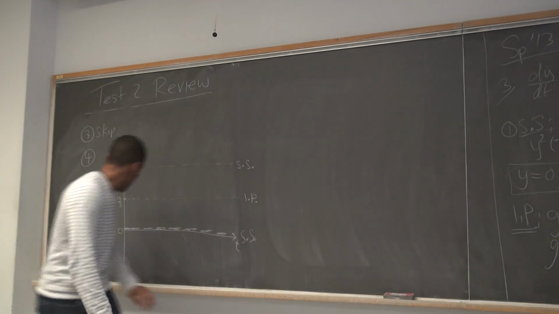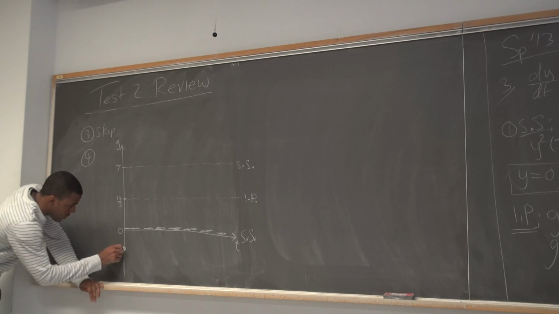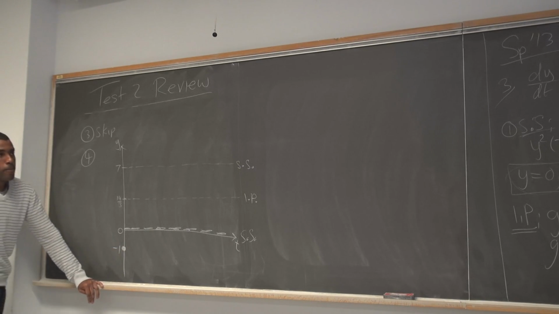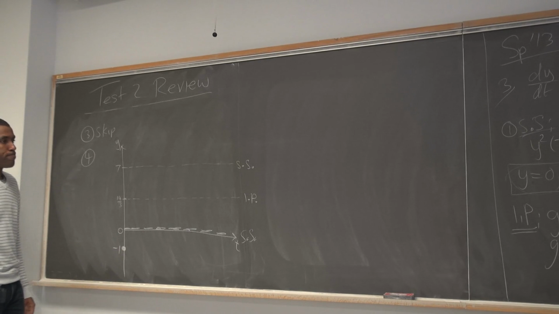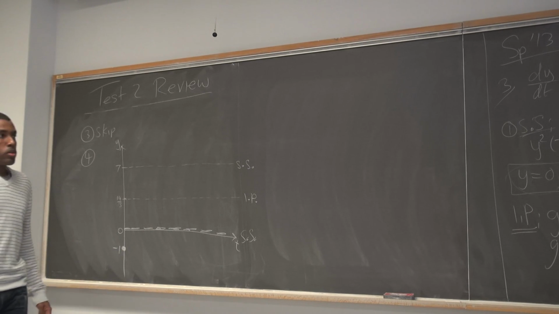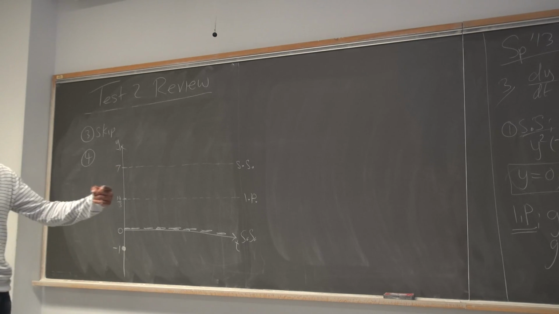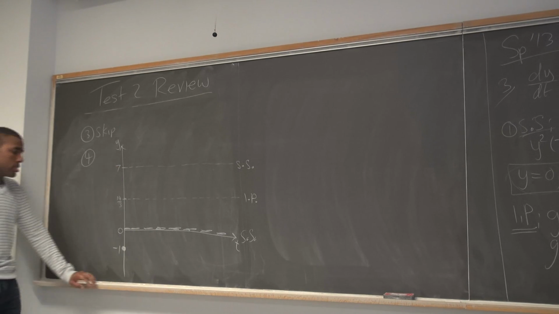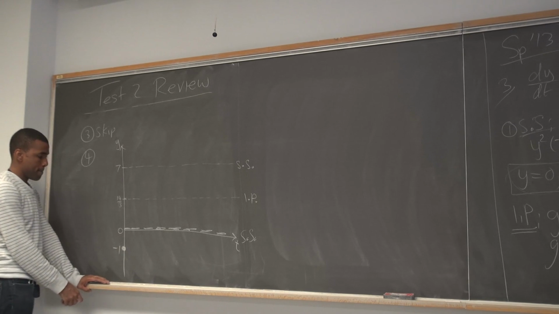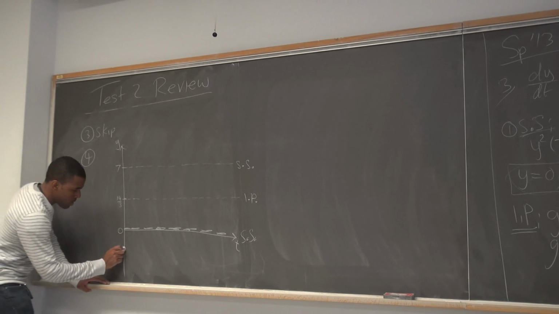So now let's start with the first one. If I start at minus 1, what should I be doing? Right. From our stability graph, we see the arrows pointing to the right. If I'm at minus 1, I'm moving towards 0, and it's a steady state. What's my concavity? Concave down, like a frown, so I can level off.